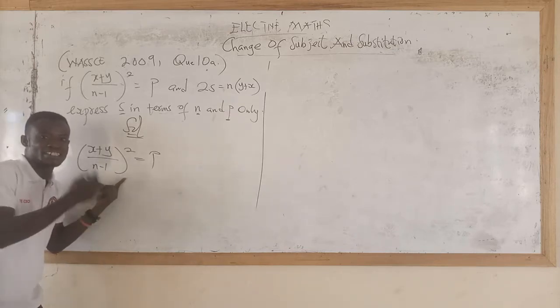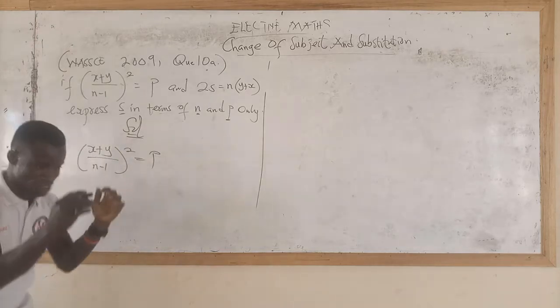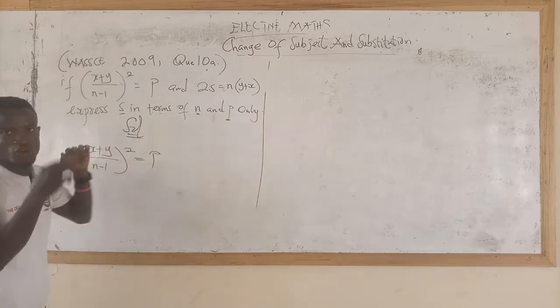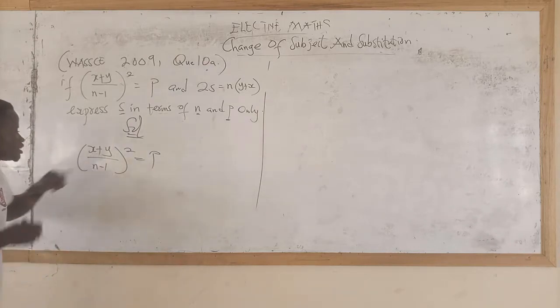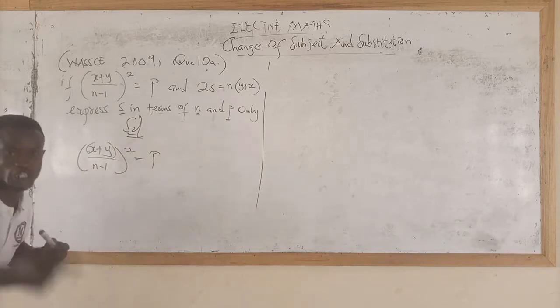Make that variable the subject. So you're looking at this, you can see that the whole s plus y will not be in the expression. So the focus here is to make the whole of s plus y the subject.